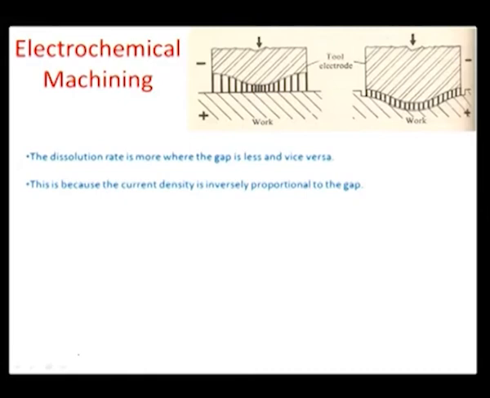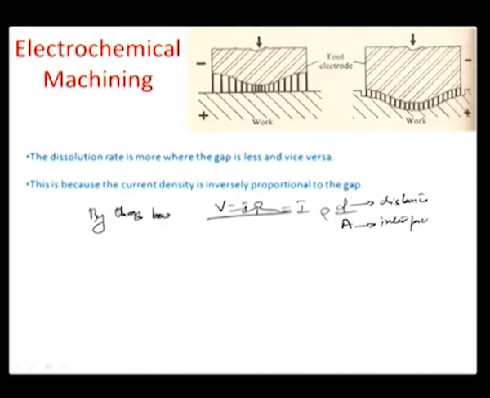So this can also be more mathematically represented by Ohm's law, which is actually followed here. V equal to IR, potential is current into resistance, and here we just modify this as rho d over A, where d is the distance between the two electrodes and A is the interfacial area between the two electrodes.